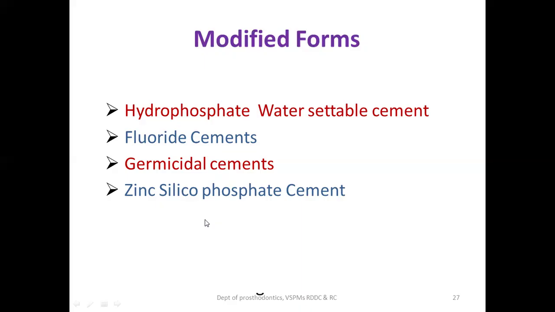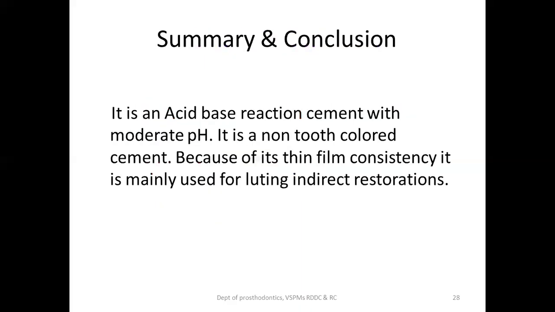But these cements have not become that popular because of the invention of newer cements, that is the resin cement or the glass ionomer cement. So this type of cement is not in use these days, but it is a hybrid of zinc phosphate cement and silicate cement. So this is all about the different modified forms of zinc phosphate cement.